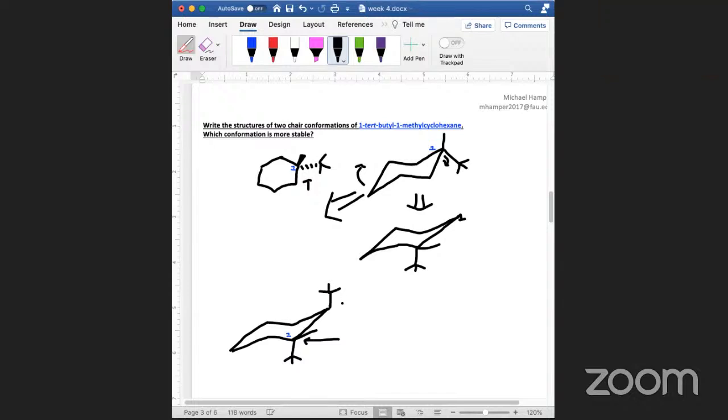No, I'm talking about the carbons to the left of the original one you made.